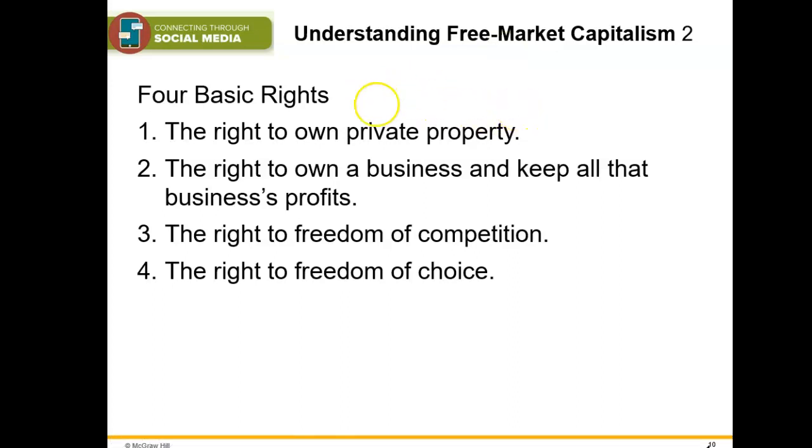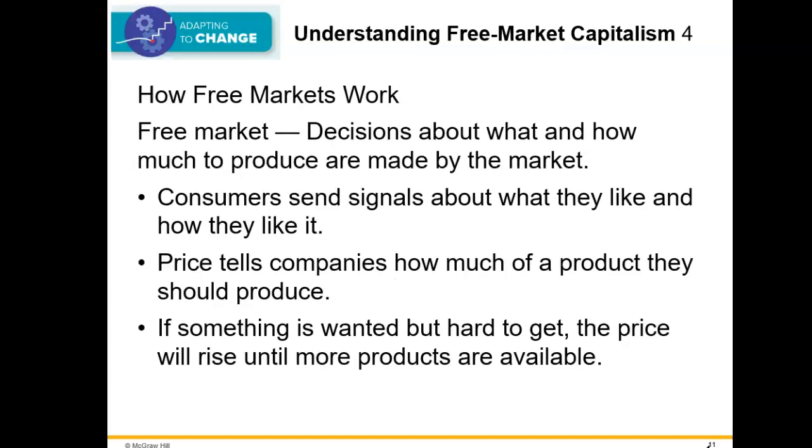Those are the right to own private property, the right to own a business and keep all the business profits, the right to freedom of competition, and the right to freedom of choice. So these are four basic rights that you're going to have within a free market capitalism economy.